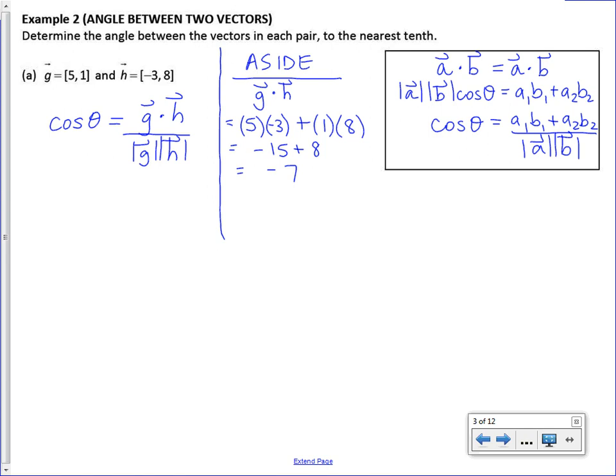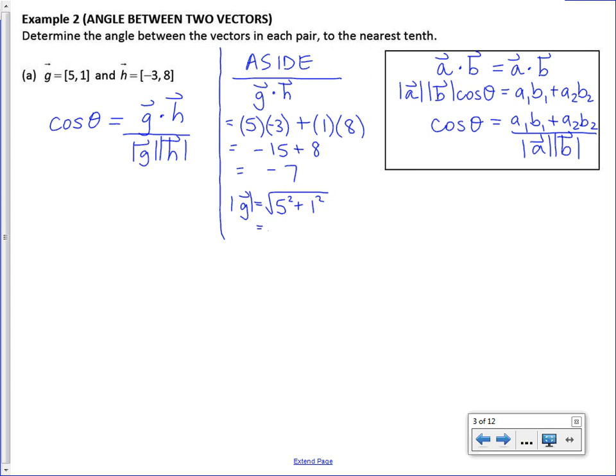Okay, so great. I now know what the numerator will be. I now need the magnitude of G and the magnitude of H. So we calculated that before. To find the magnitude of a vector in Cartesian form, remember it's an adjusted Pythagorean theorem. So square root of the first coordinate of vector G squared plus the second coordinate of vector G squared.